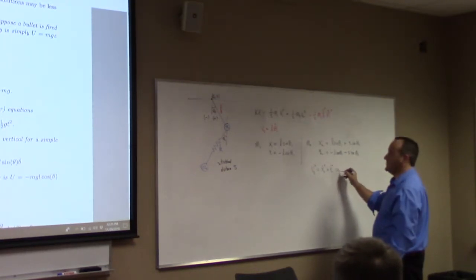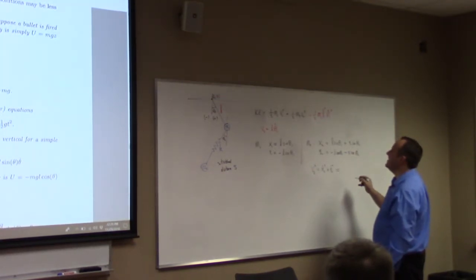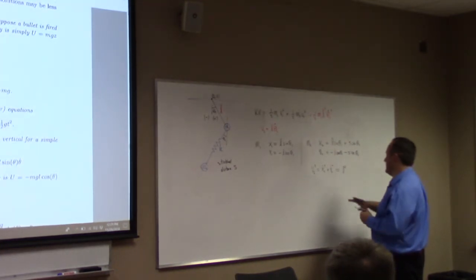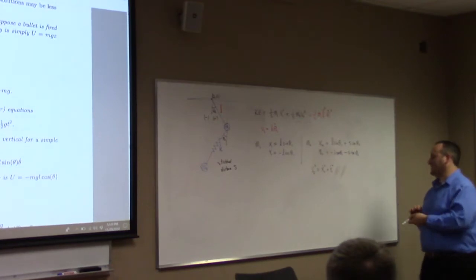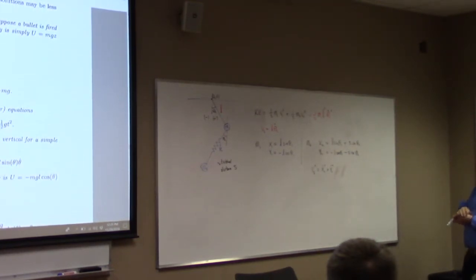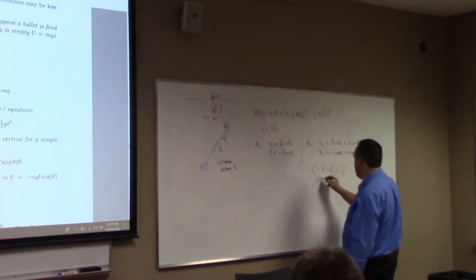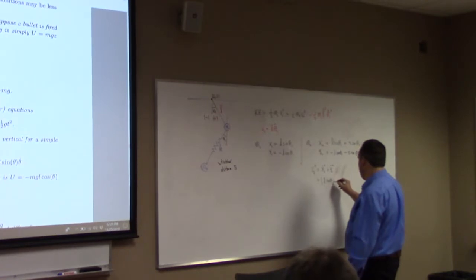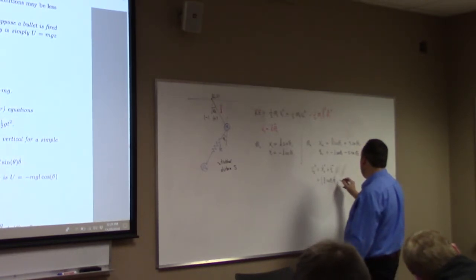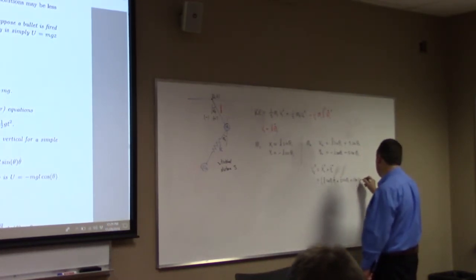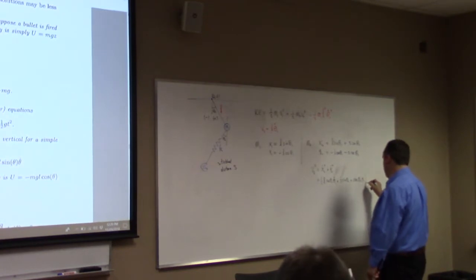Oh, I shouldn't predict. I don't know. I guess I actually need to work it out. Something pretty should happen though, I think. What's x2 dot squared? It's L cosine theta 1 dot plus s dot sine theta 2 plus s cosine theta 2 dot, squared.